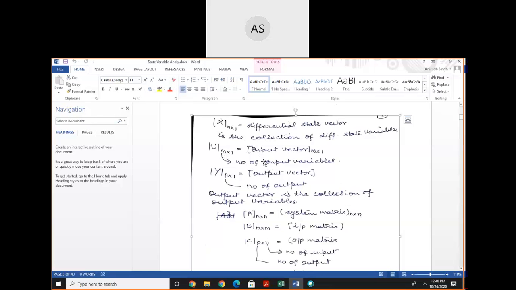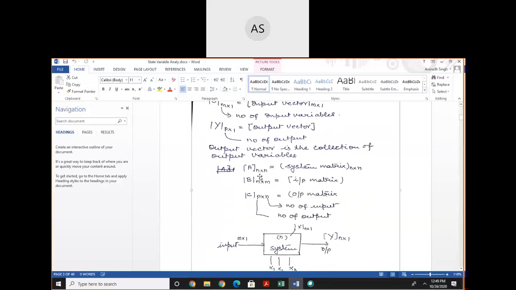And the order of this vector is m cross 1, where m is the number of input variables. This input vector is a collection of input variables. Similarly, y is the output vector and the order of this output vector is p cross 1, where p is the number of outputs.